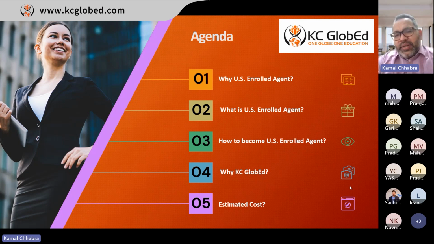What benefits and support will KC Global provide me in my journey to become a US taxation expert or US Enrolled Agent? And then the most important thing is the estimated cost. We are all human beings, and for us cost matters the most. We should all be aware of at what point of time how much investment I am going to make for this particular course or for building my capability as a US taxation expert.